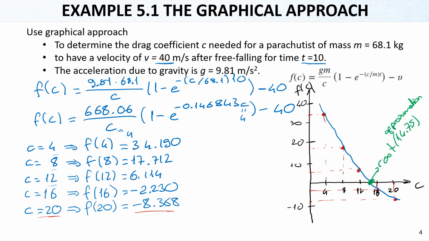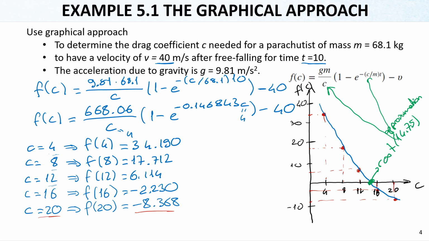How do we determine if this is true or not? We can simply put this into here to see and find the F(C) value. If F(C) is 0 exactly, then this is for sure the root. But if it is different from the 0 value, we will see the error.